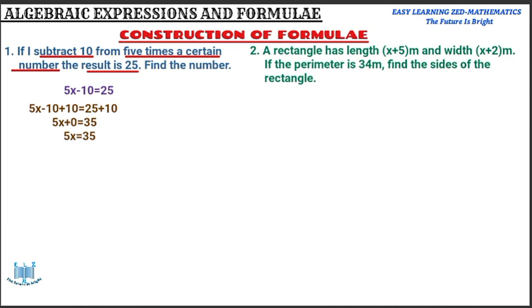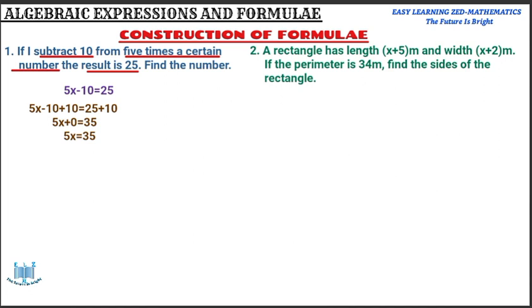Then I'm going to find the multiplicative inverse of 5, which is 1 over 5, not 1 over 2, but 1 over 5.